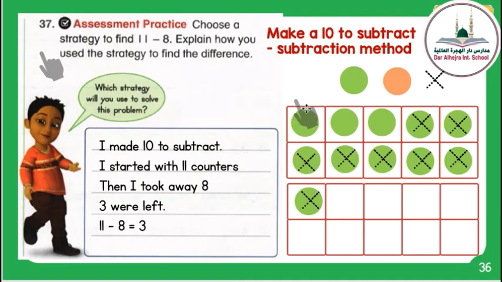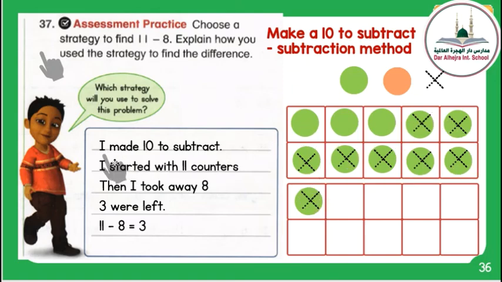We can use make a 10 to subtract method here. For example, in that case, we are going to start with a bigger number, because we are using the subtraction method. Whenever we are doing a solution with a subtraction method, we start with a greater number. We have started with 11 counters, then 8. We have crossed out 8 to find how much is left.